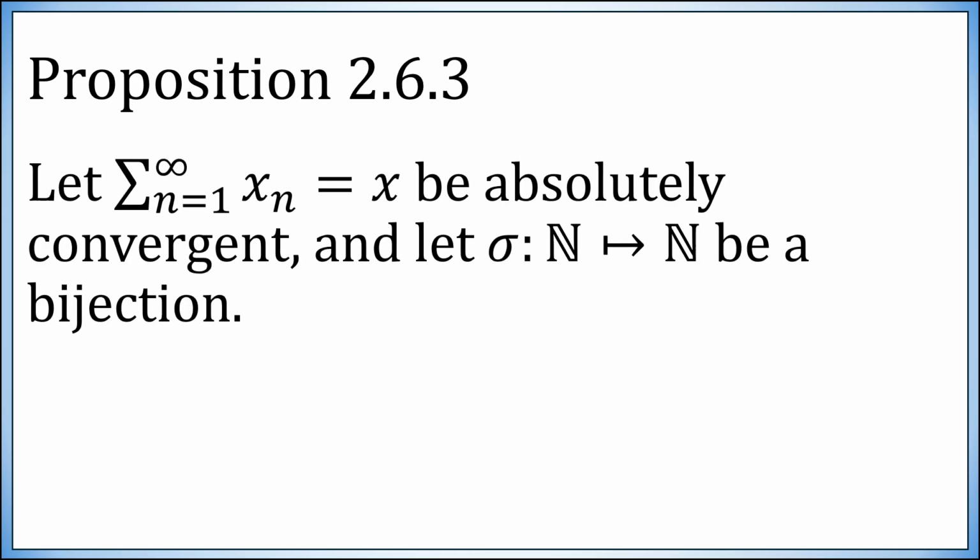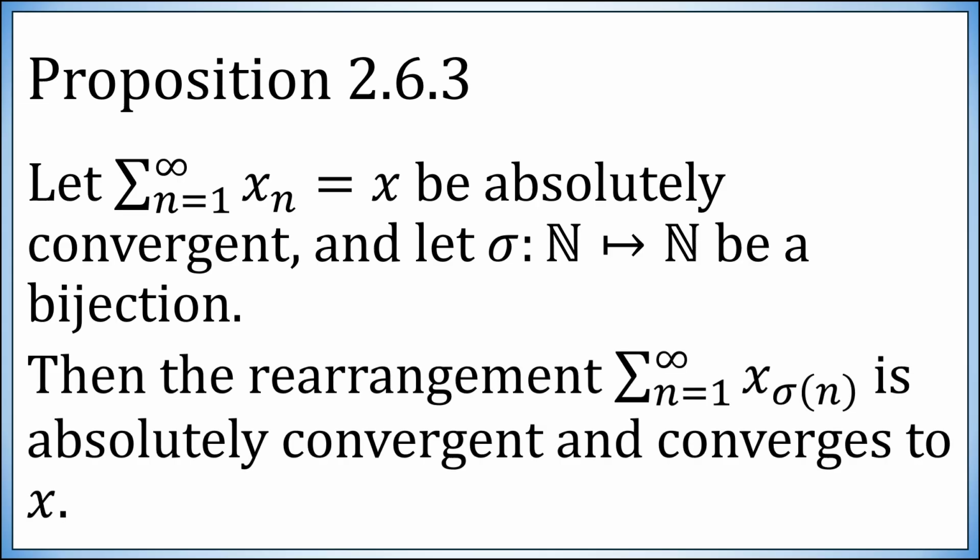So here's proposition 2.6.3. Suppose you have an absolutely convergent series, and sigma being a bijection, a rearrangement. Then the rearrangement is still absolutely convergent and converges to the same thing. So if you have an absolutely convergent series, you may rearrange it however you want without changing whether it converges or what it converges to.